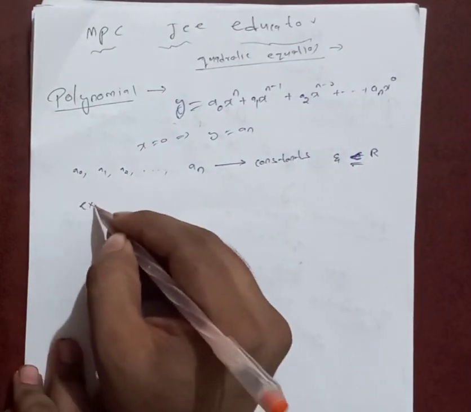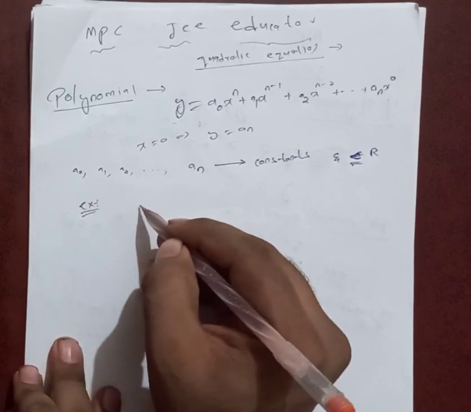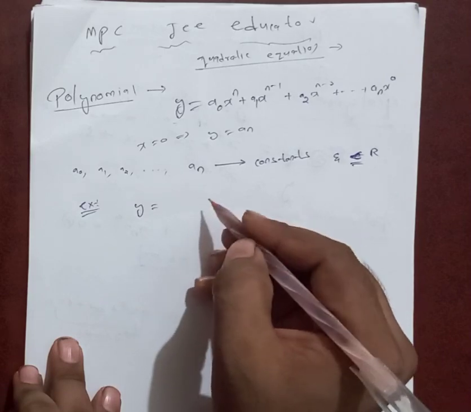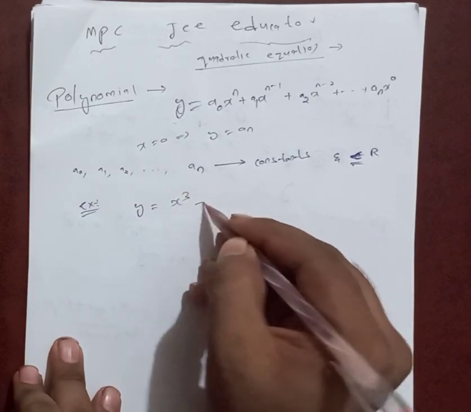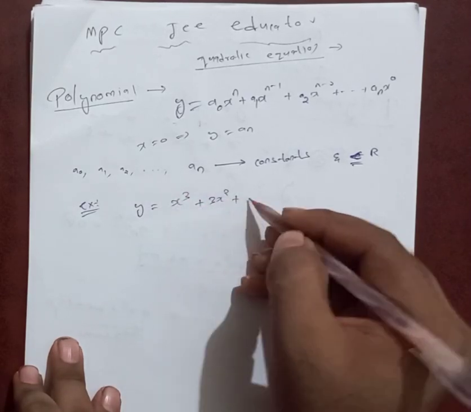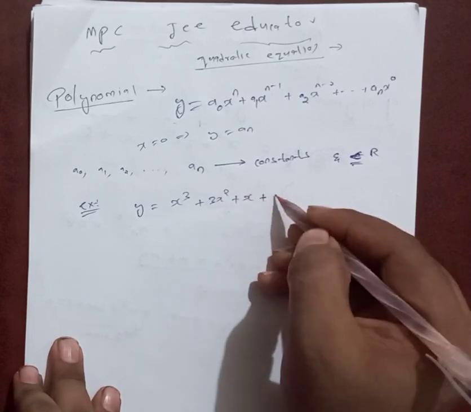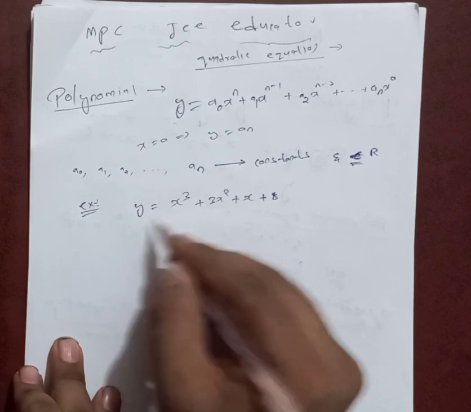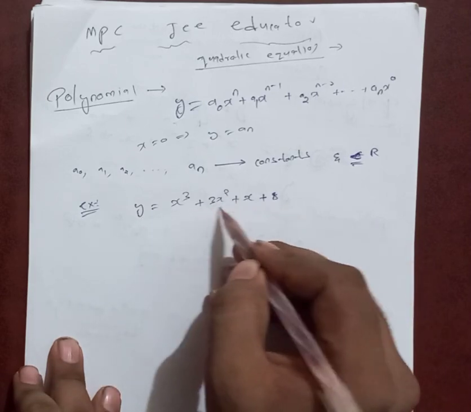So, examples of polynomial. First example is y = x^3 + 3x^2 + x + 8. This is a polynomial where no constant is equal to 0.